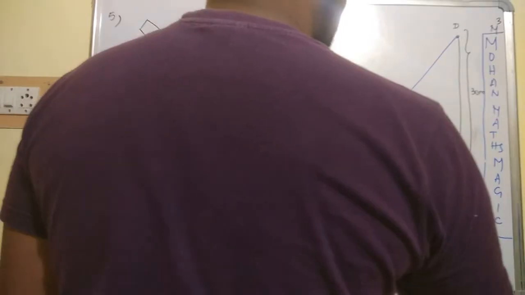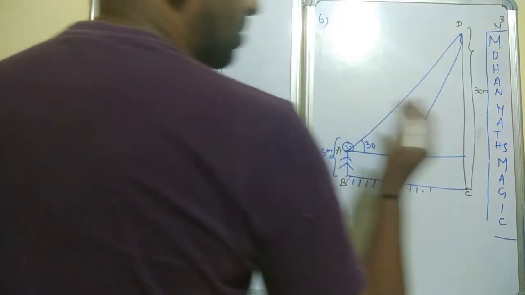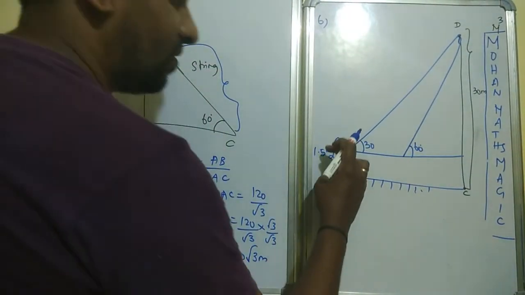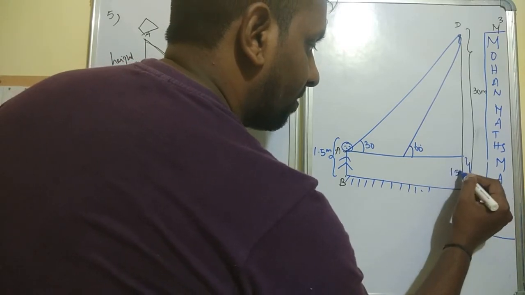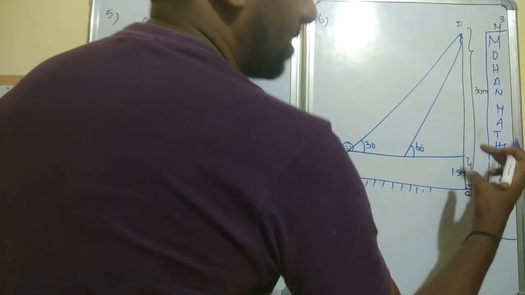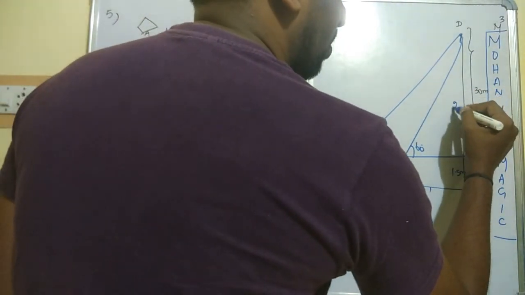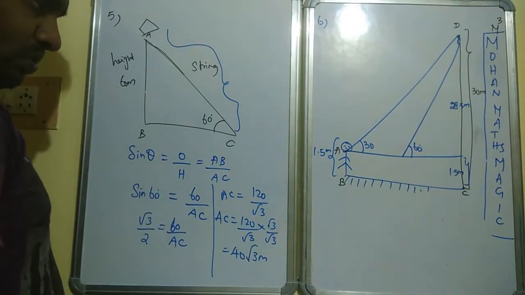If this is 1.5, automatically this also will be 1.5. Total 30 meter, from that 1.5 is gone. So how much will this come? 28.5 meter.